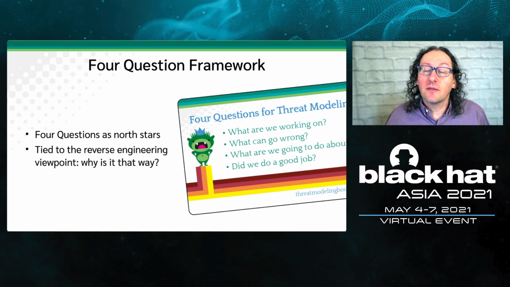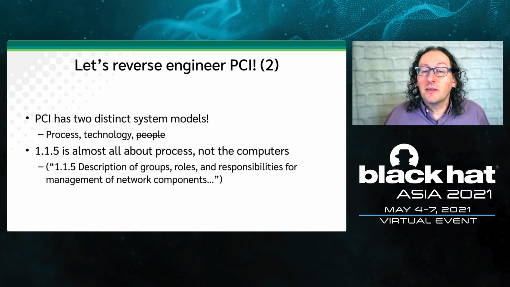And so I went back to the four-question framework and I said, these are my North Stars. And what I realized eventually is that I was not really answering the question, what are we working on? What I realized when I was doing that is PCI has two distinct system models. It has a model of process, it has a model of technology.